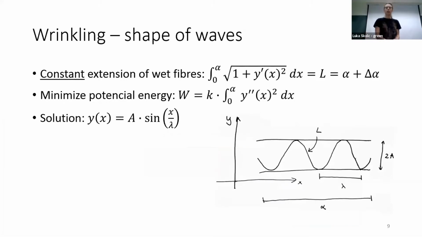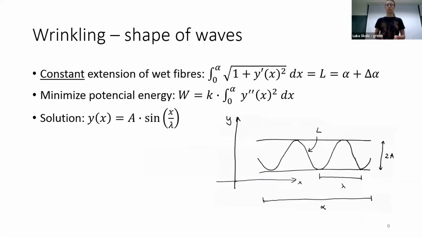So luckily we have another explanation. This is the extension of wet fibers. We will suppose that this extension is constant, so that it always extends by delta alpha. So our goal was to squeeze a curve of length L into a box of length alpha.